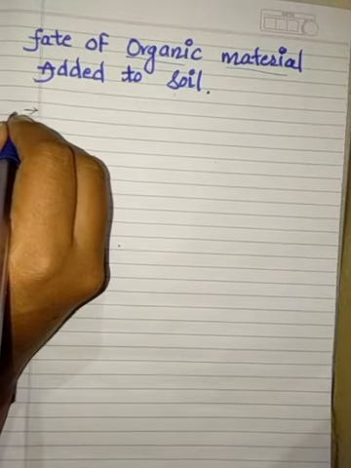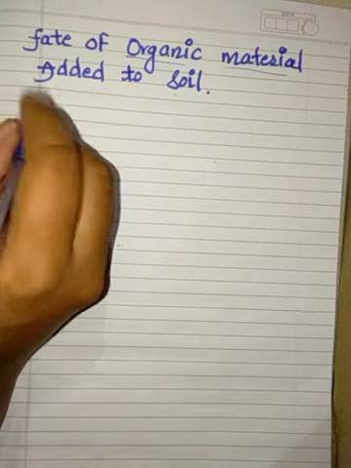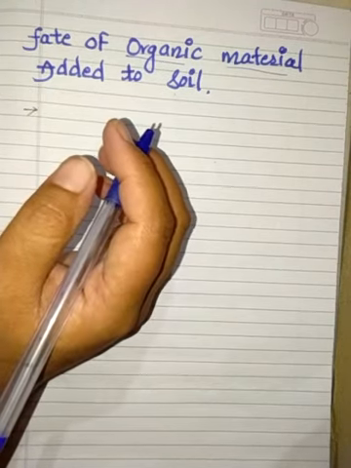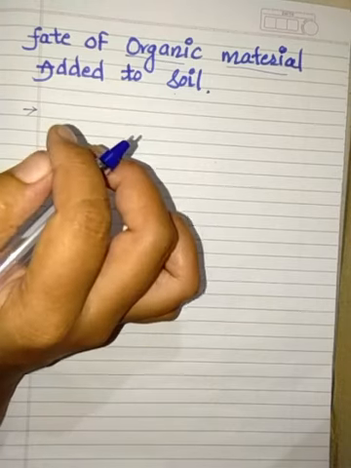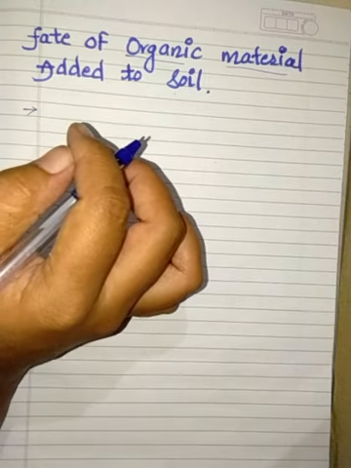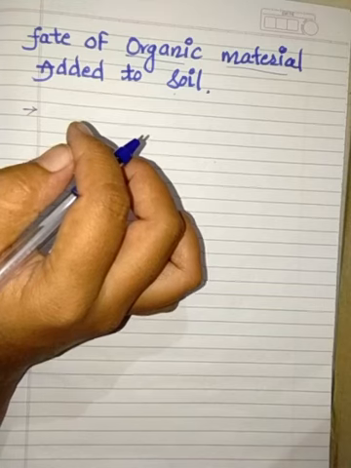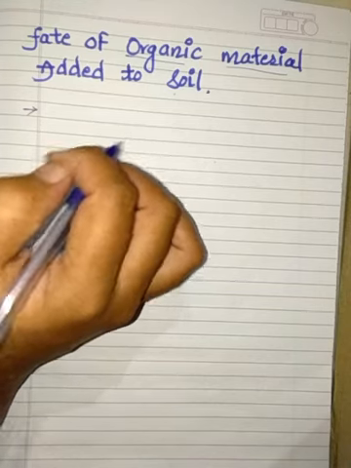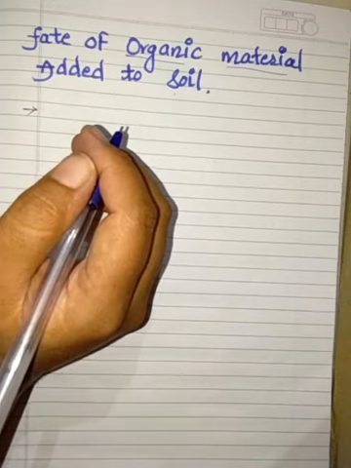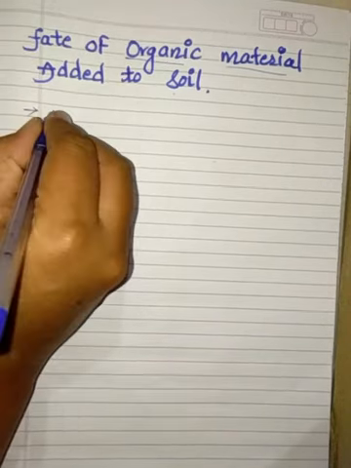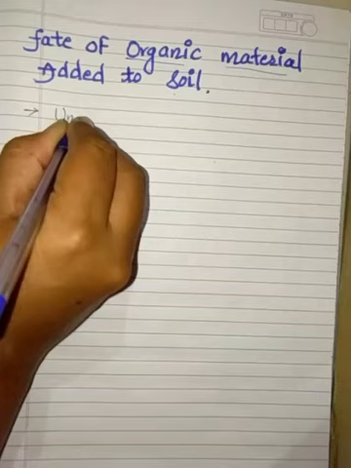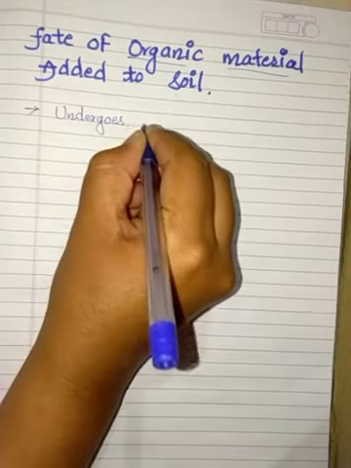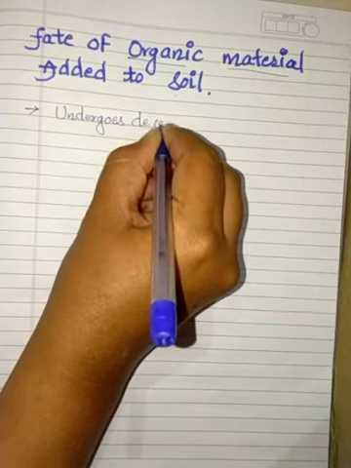First, the organic material undergoes decomposition, that is, only biodegradable material, through soil macro and micro fauna and flora. Fauna is of animals and flora is of plants. So soil organic matter undergoes decomposition.